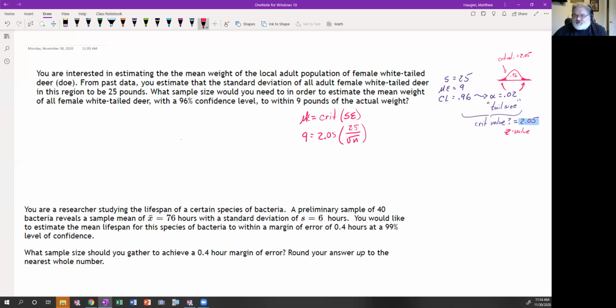That should give us a ballpark to start in for figuring out a sample size. And as I said, these two problems are essentially both versions of that same question for 14. So the setups should be similar.